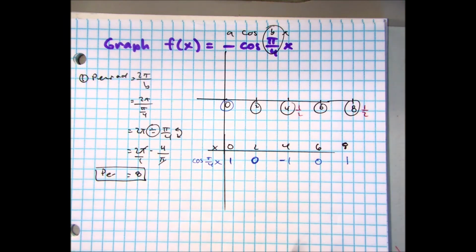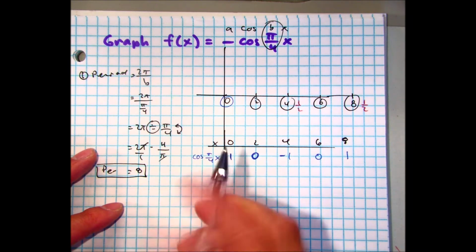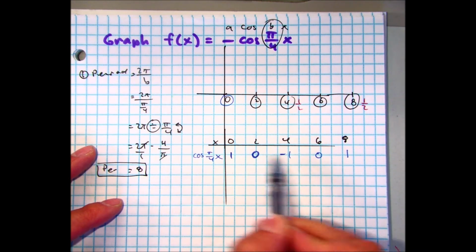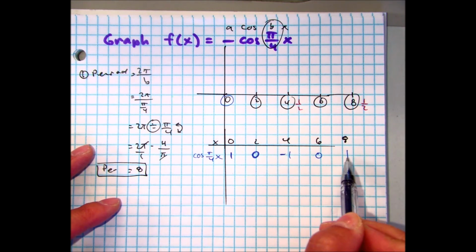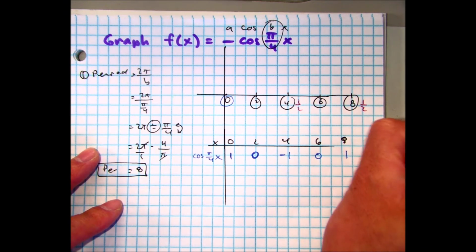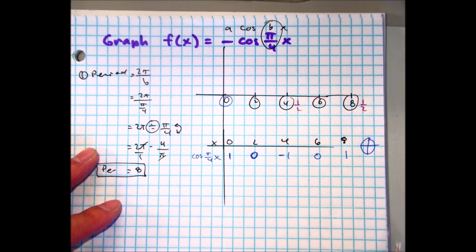A common mistake is actually to use sine: 0, 1, 0, negative 1, 0. So just pay attention to which trig function you're using, and if you ever get stuck, just draw yourself one, and then you can use the quadrantal angles.